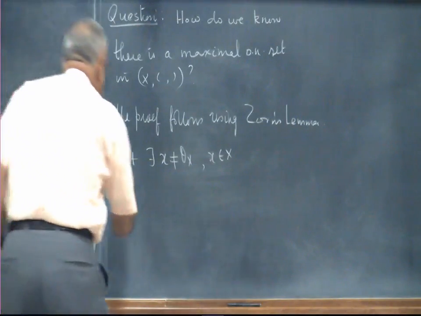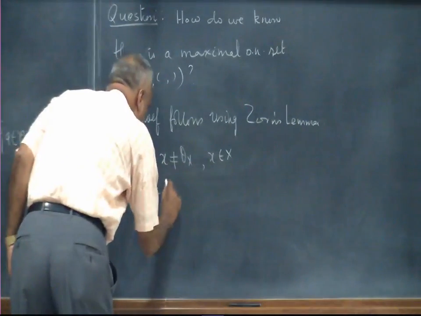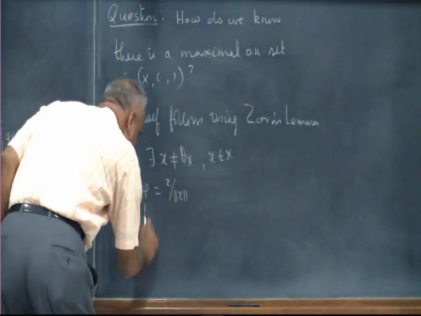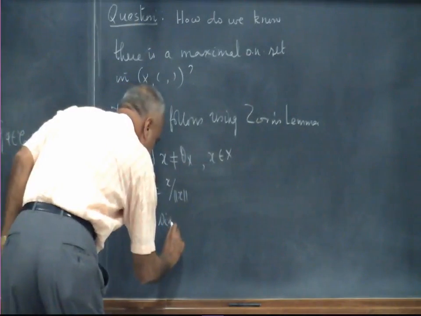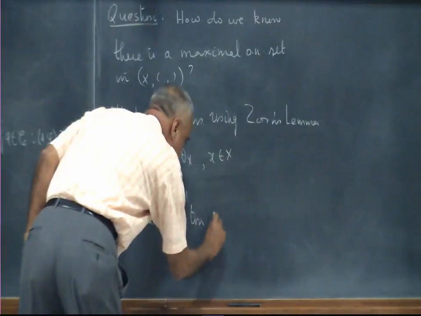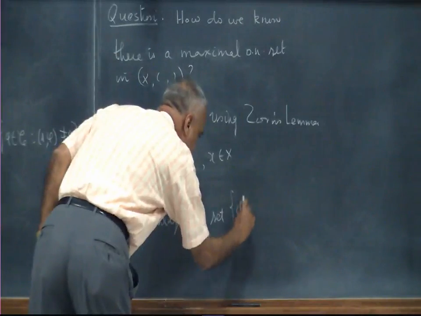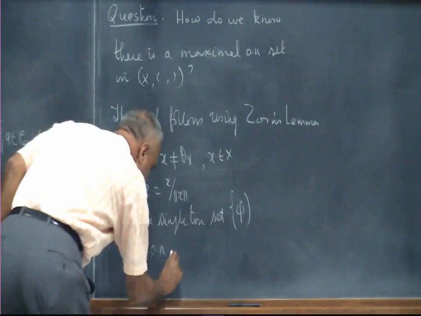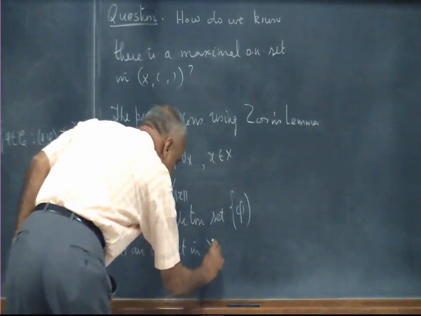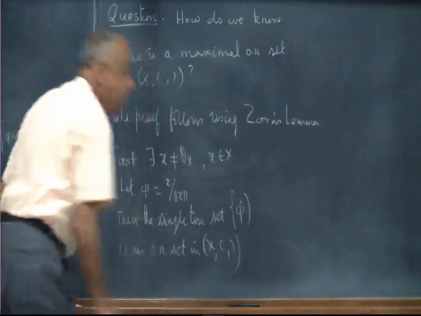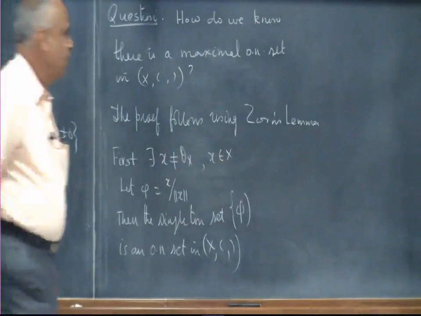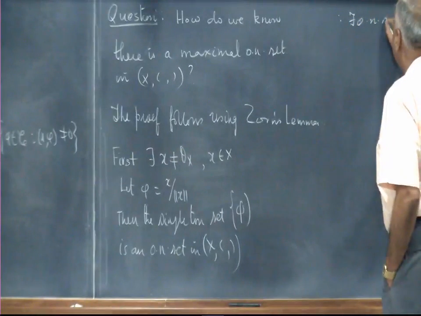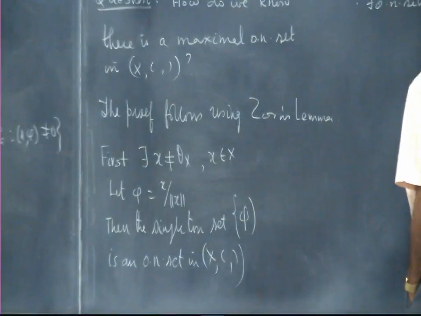Let phi equal to x by norm x, then the singleton set {phi} is an orthonormal set in X. So, at least we do have orthonormal sets. Therefore, there exist orthonormal sets in X.